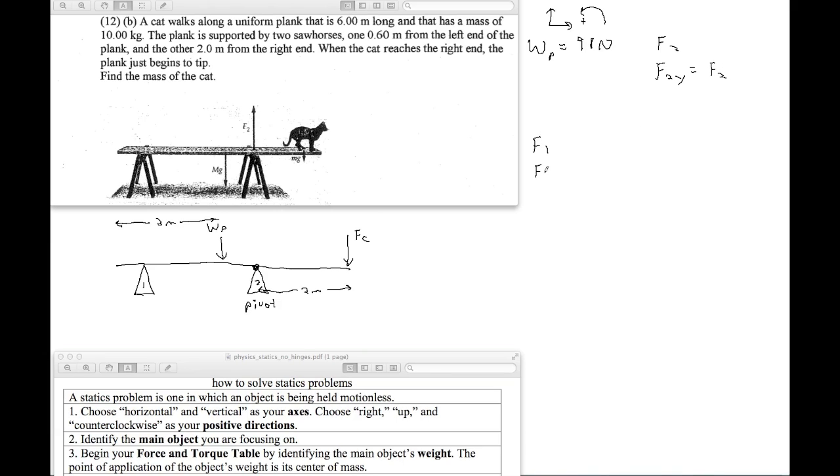If F2 is my pivot, then the torque from the plank is going to be, I think it is 6 meters.